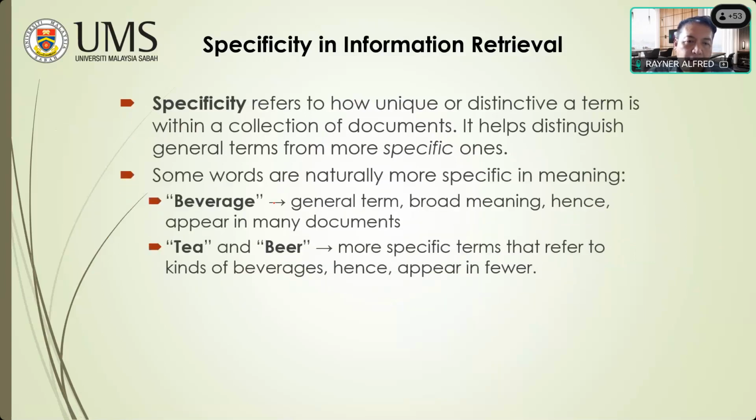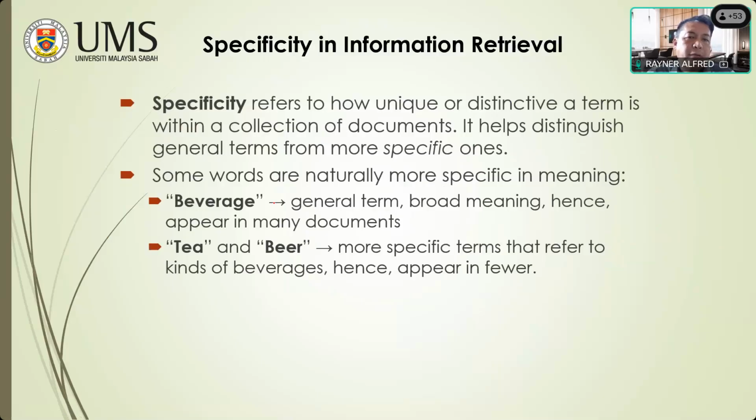For example, the term beverage is a general term. So of course, this will occur more than tea or beer, because tea and beer are very specific, and hence they will appear less in the document. But beverage refers to many specific items, so it may appear many times in the document.